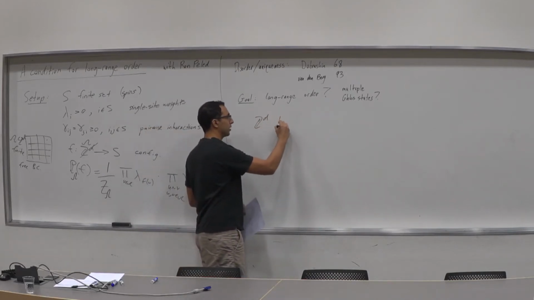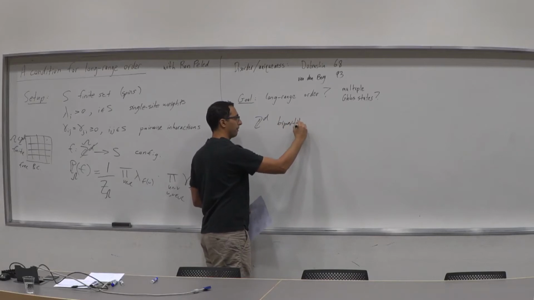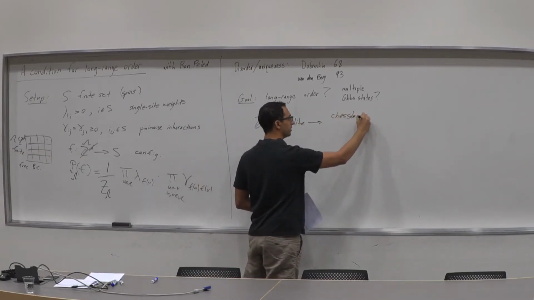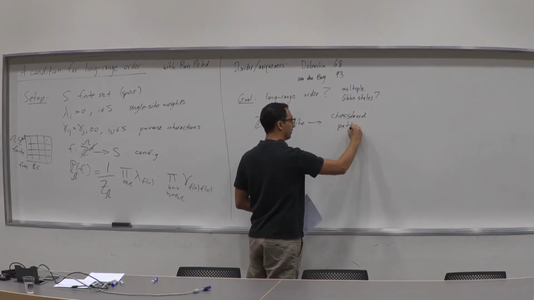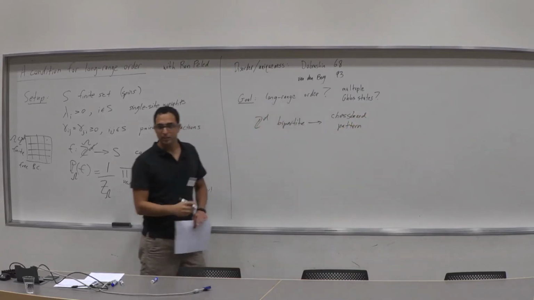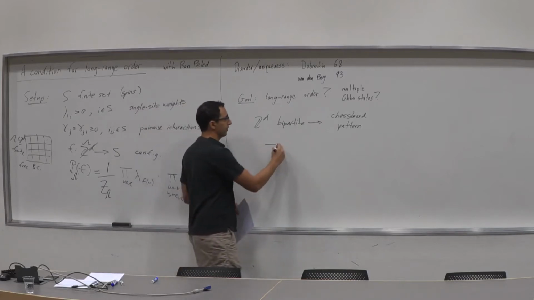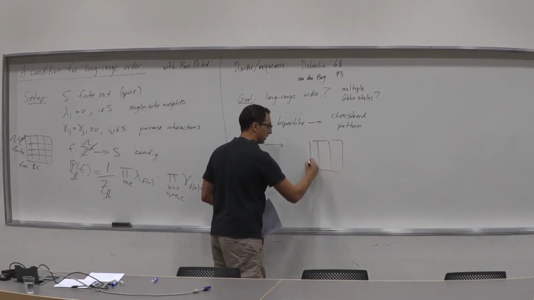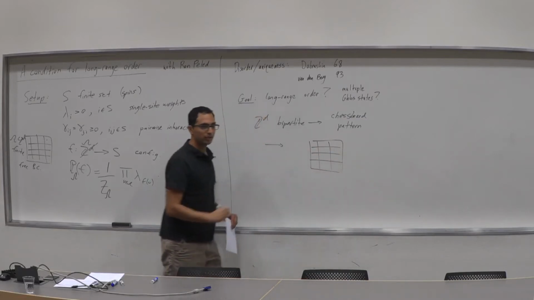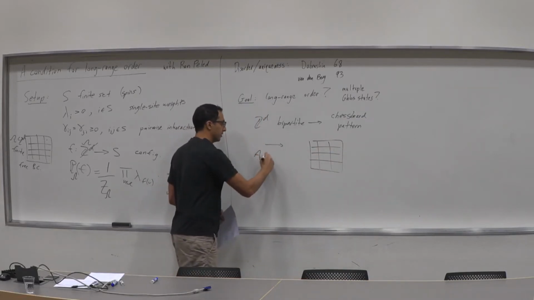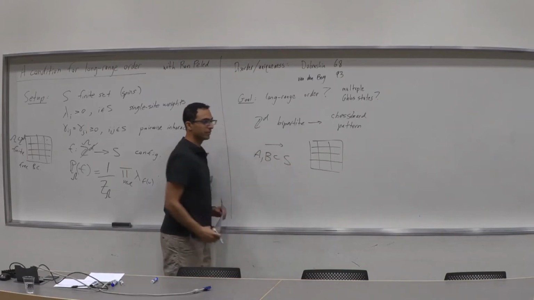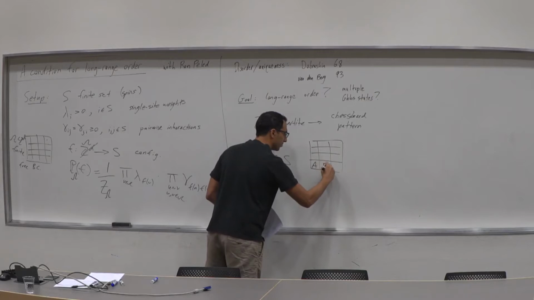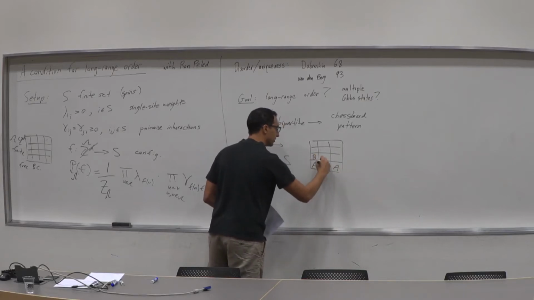Well, Z^d is bipartite. So it has a type of chessboard pattern to it. And as it turns out, these are the types of orders which will appear. The type of long-range order that we're going to see arising: you have two subsets A and B of the spins S. This is just an impressionistic picture.